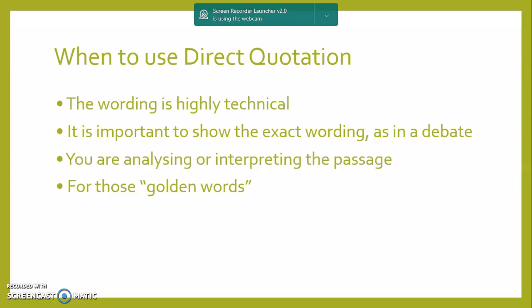You put it in quotation marks, and after that you can analyze what it meant. So that is interpreting. And for golden words, let's say like kata-kata mutiara, you need to have it as it is. Golden words.